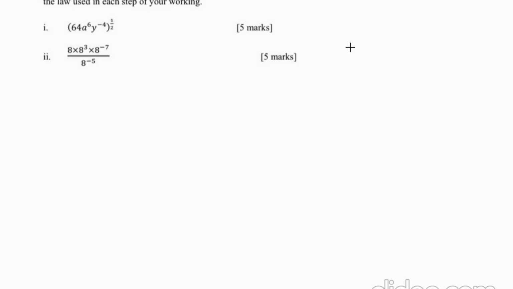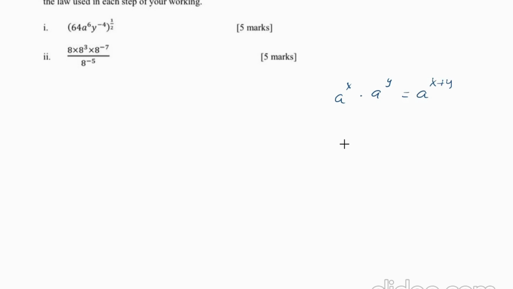All right, let's look at part 2 of number 4. So what I have here is, remember the rule that says a to the x multiplied by a to the y is equal to a to the x plus y. I'll utilize that.